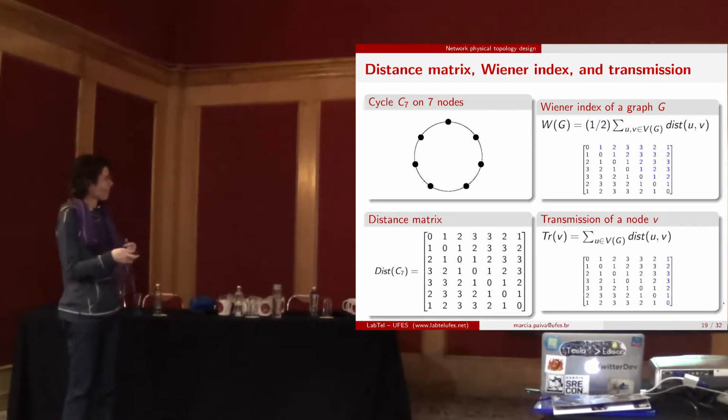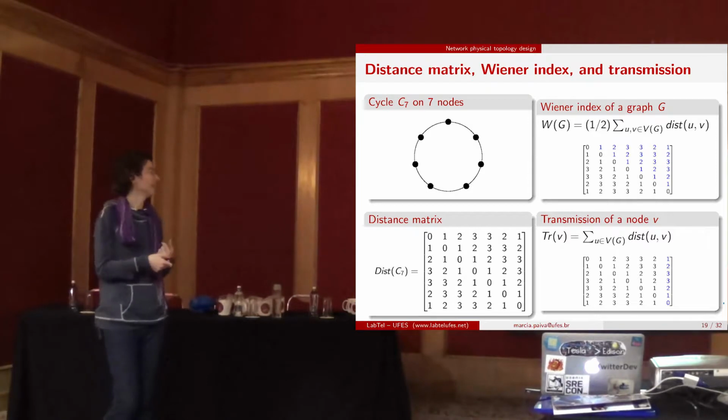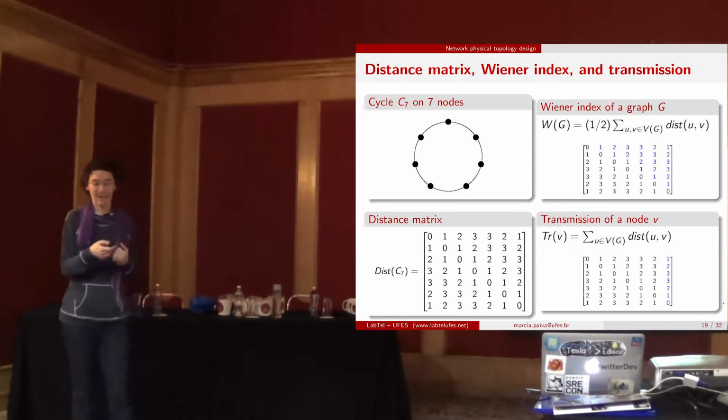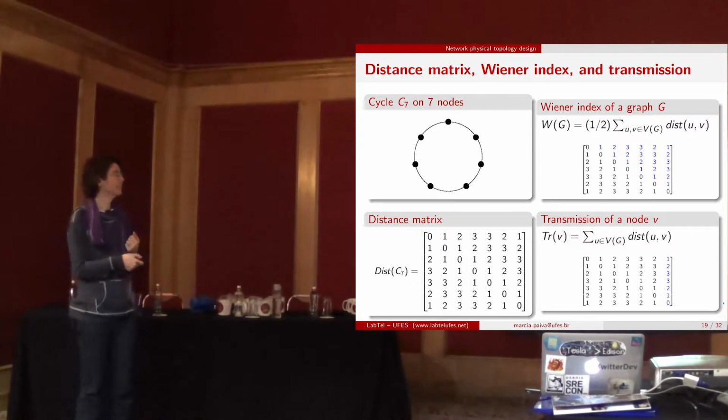So what happens if we remove a node in this cycle C7? We will see that some paths change, the length of some paths change.